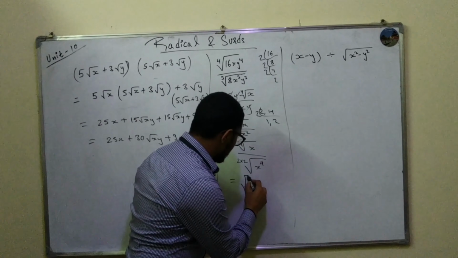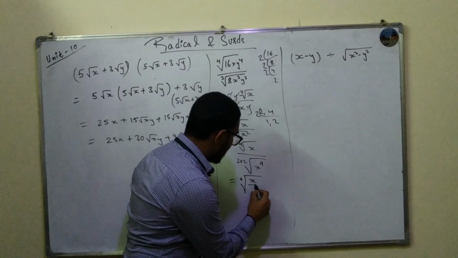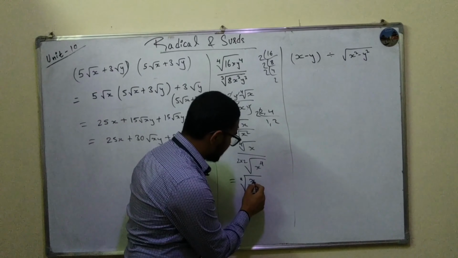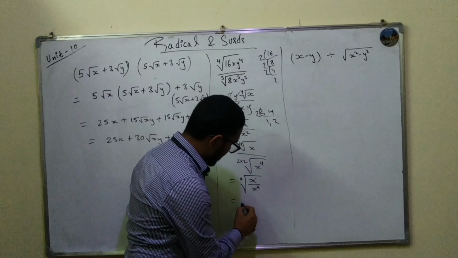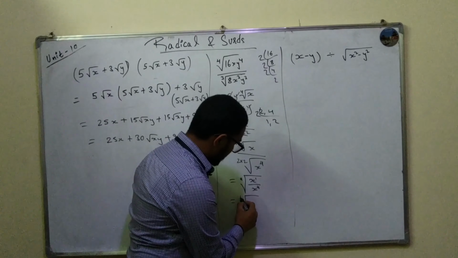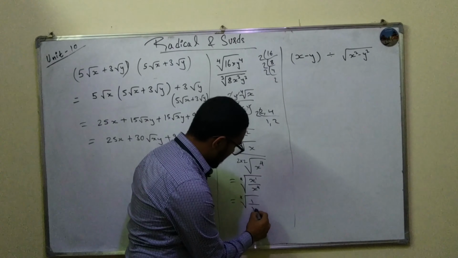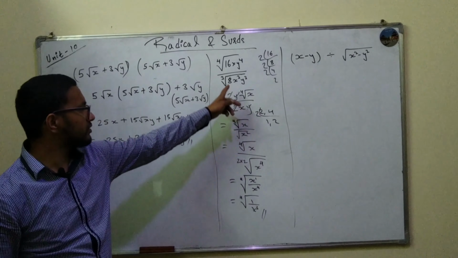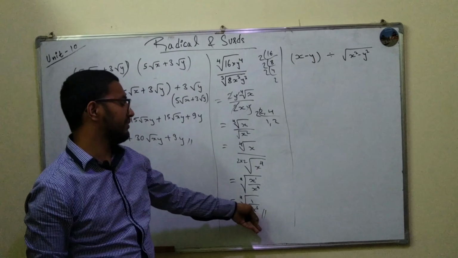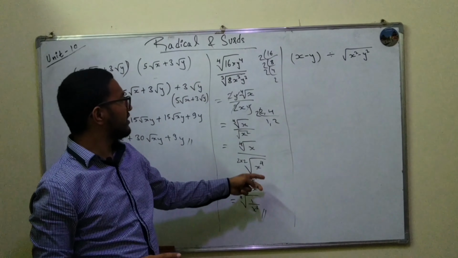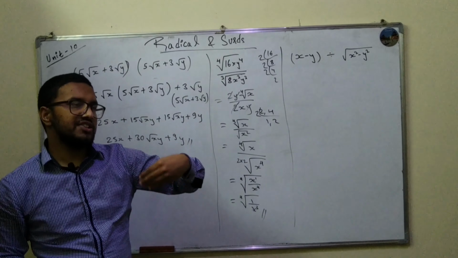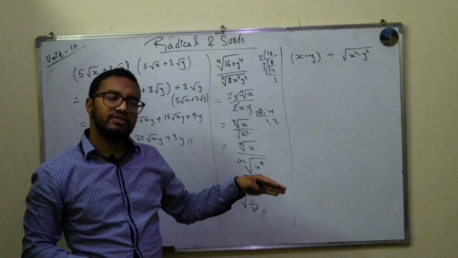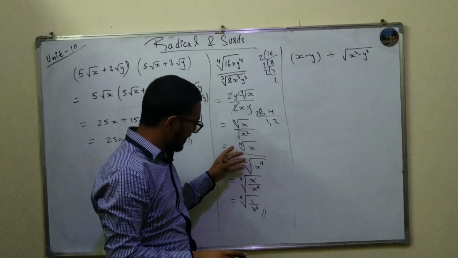After that, your root will be the same, and x to the power 4, so the power will be 1. That means you'll have 4 and then 1 by x cube. This will be your answer. You can solve it in this way as well. Just change the thing: if it's a pure surd, change it into a mixed surd, and then see the order. If it is not the same, take the LCM and then solve it.